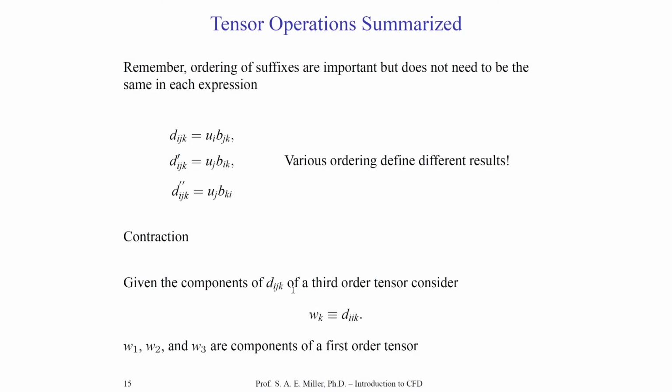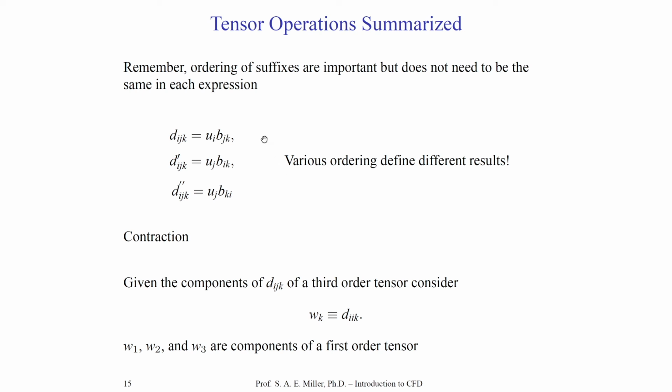Let us continue our summarization of tensor operations. Ordering of the suffixes is always important, but does not need to be the same in each particular expression. So for example, the ordering of the indices, the variable subscripts, will define different results.